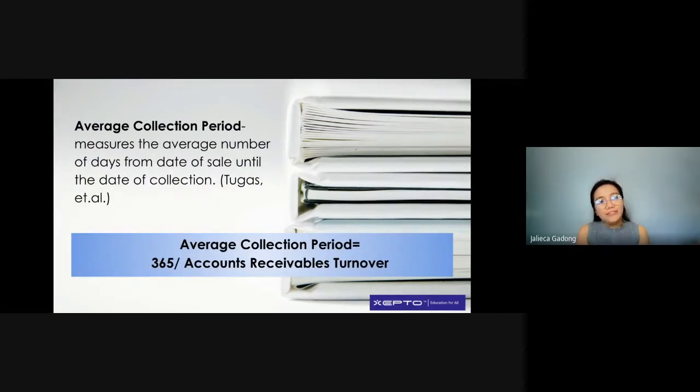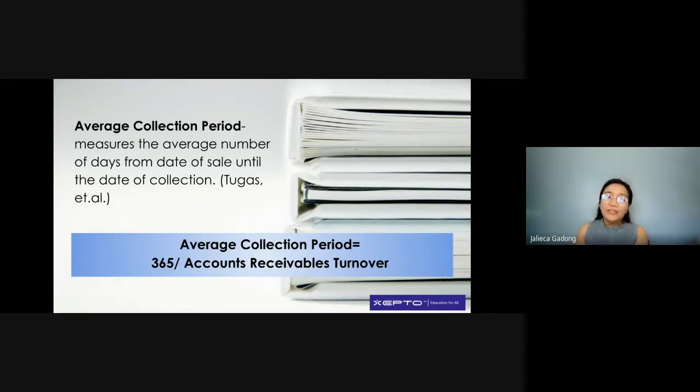When we talk about average collection period, it measures the average number of days from the date of sale until the date of collection. So for the other type of ratio a while ago, we measured how effective the company is in collecting its account receivables. This time, we're going to look at how many days does it usually take for the company to collect from its customers.